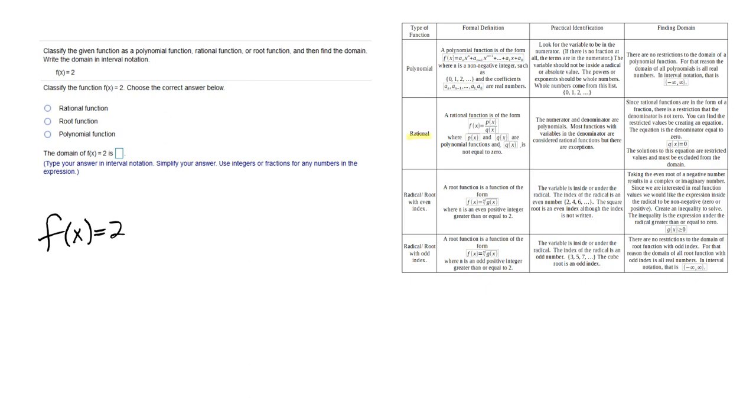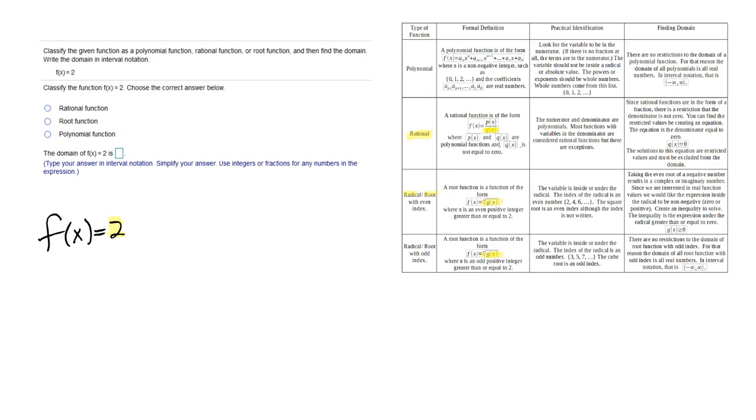And we have rational functions. Rational functions are going to have variables in the denominator. Our radical or root functions are going to have square roots or cube roots. And this example that we have doesn't have a variable in the denominator and it doesn't have a radical.